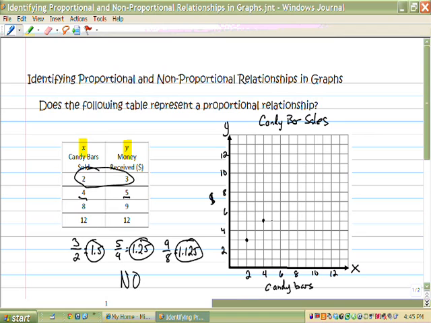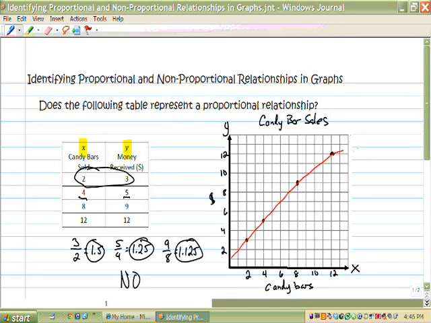There's my point. Then I'm going to go 8 over and 9 up for my next point. Right there. And then my last one is 12 over and 12 up. Right there. All right, now I'm going to change my pen. If I were to graph or connect these dots, it would be kind of like this. And then it slopes over a little bit.